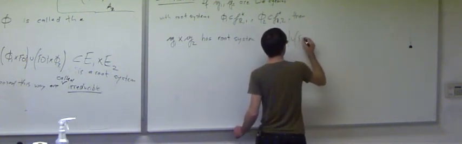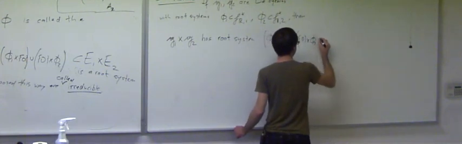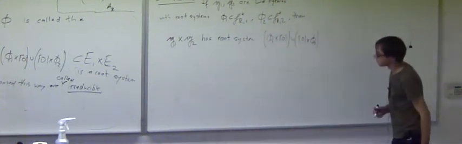So this thing has the root system exactly given by this construction: Φ1 × 0 union 0 × Φ2, right?